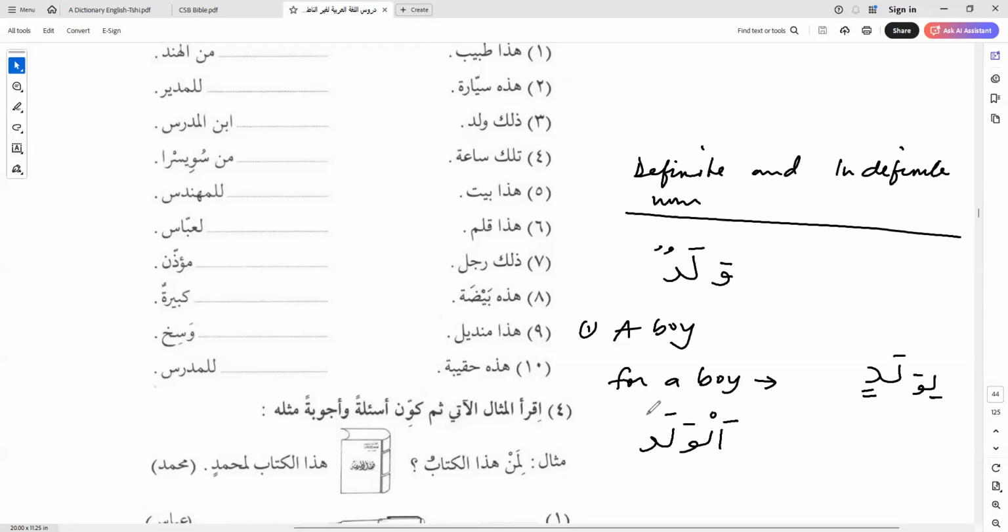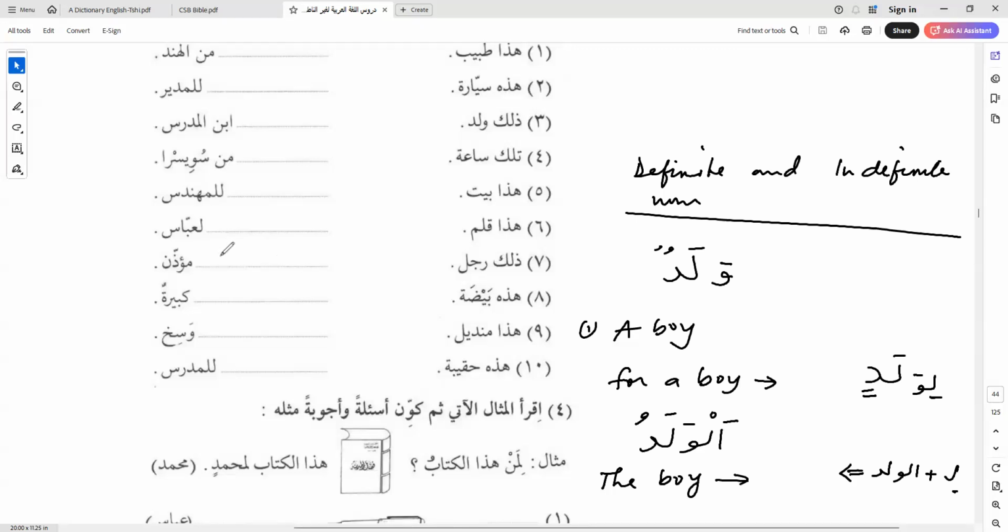Okay. Now, what about if I have al waladu? Al means it's definite. This is a definite noun, the boy. Now, how do I attach li plus al waladu? And this is where it gets very tricky in Lughat al-Arabiyya.